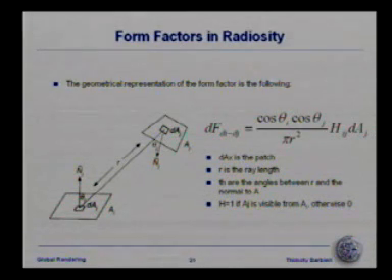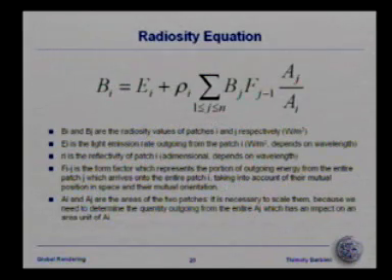Putting H to 0 puts the form factor to 0, which in fact has the effect of completely taking away the radiosity contribution of that patch on the patch that you are considering. You see how it works?